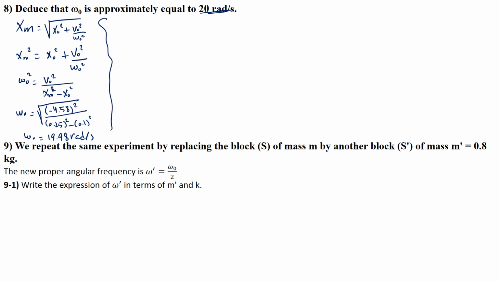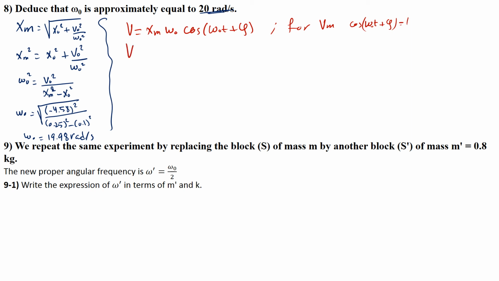Another method that we can use to solve is the following. We found the formula for v as the first derivative of x as xm omega 0 cosine of omega 0 t plus phi. For v to be maximum, then cosine of omega 0 t plus phi should be equal to 1. For vm, cosine of omega 0 t plus phi is equal to 1.